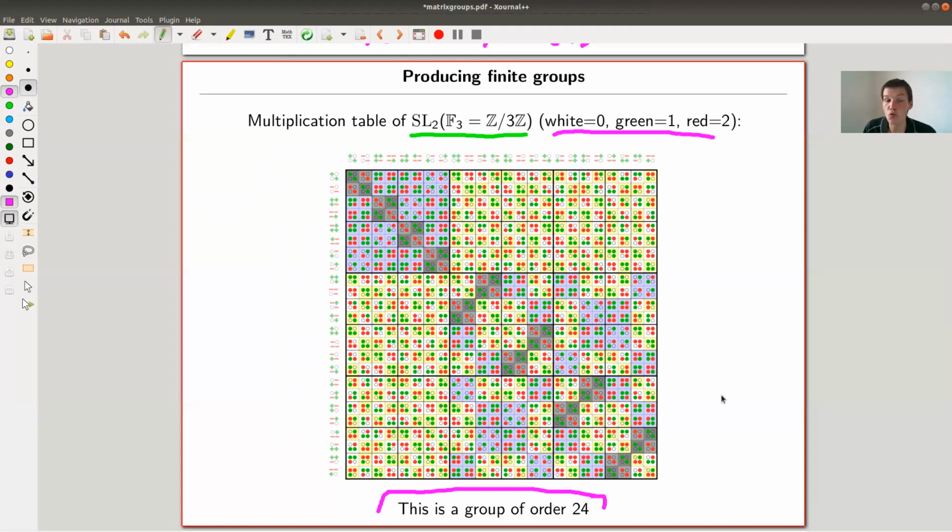But if you think of, oh, this is SL2 over F3, then it's immediate. So this is a really, really powerful way to construct groups, in this case finite groups, or groups in general. It gives you a lot of classes of groups. I will show you some more in a second.